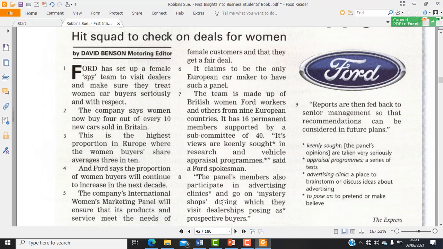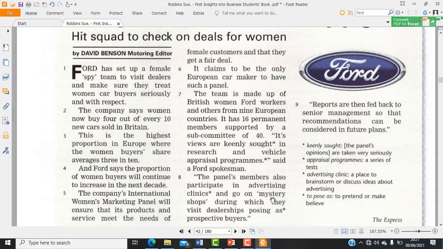The panel's members also participate in advertising clinics and go on mystery shops, during which they visit dealerships posing as prospective buyers. Jadi para member ini, para tim ini juga berpartisipasi in advertising clinic. Kalau advertising clinic itu lebih kepada tempat di mana untuk saling bertukar ide, bertukar pikiran ya tentang bagaimana cara pengiklanan.